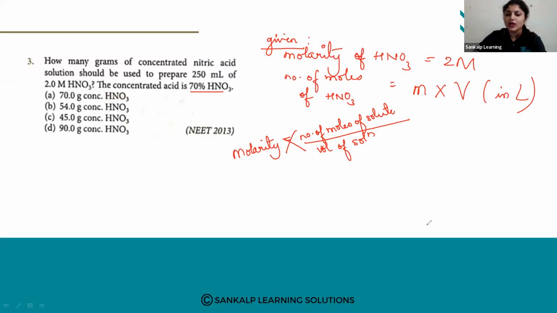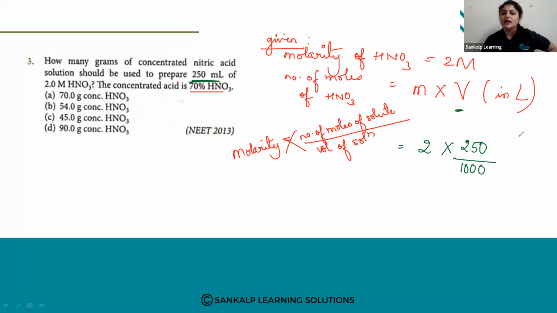So the next step is to convert the volume. They have given 250 ml, so you have to convert it into liters. Molarity is 2, volume is 250, and to convert ml into liters, divide by 1000.